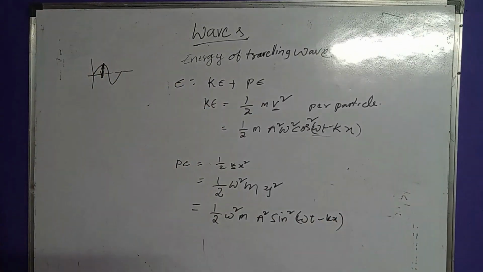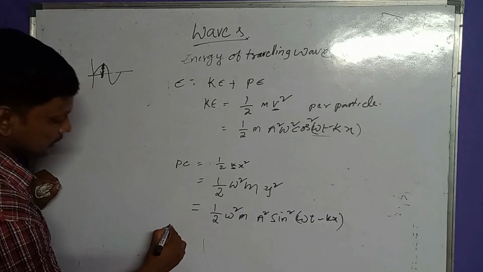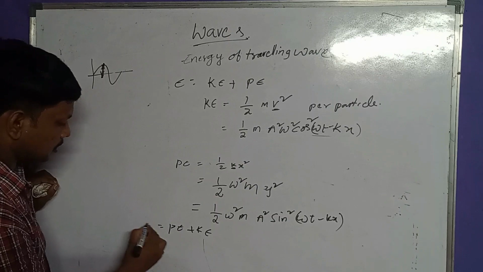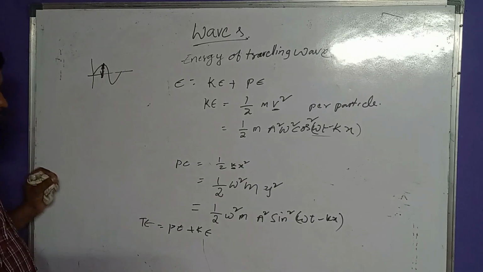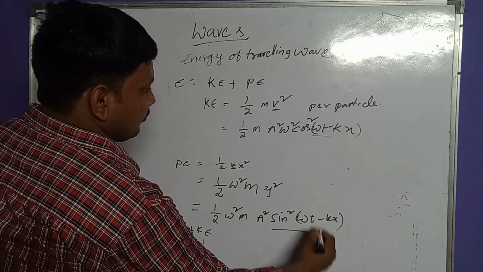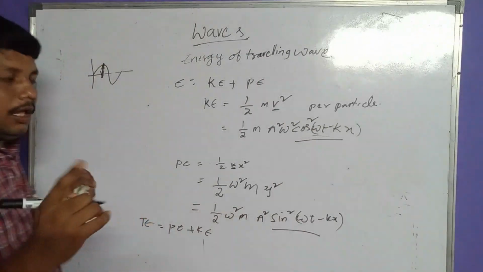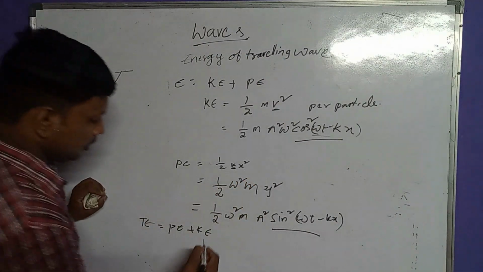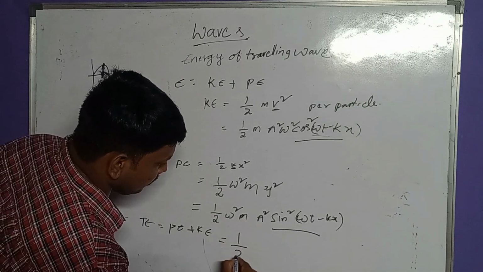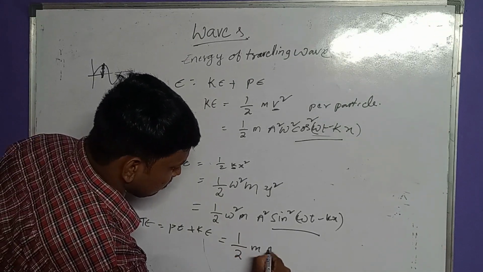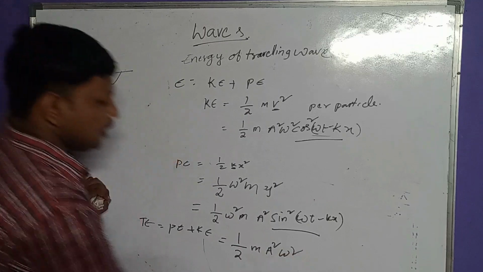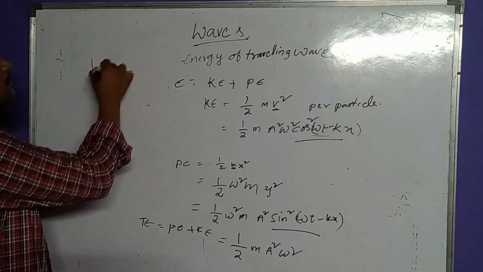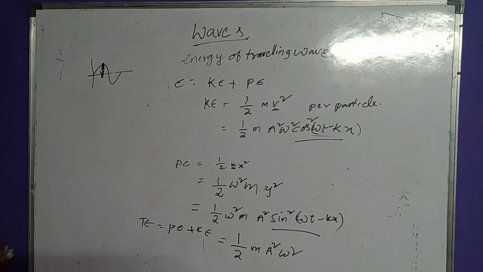This is potential energy. Total energy P plus K: sin square plus cos square is equal to 1, right? Total energy is equal to half m a square omega square. This is the energy of a single particle, right?